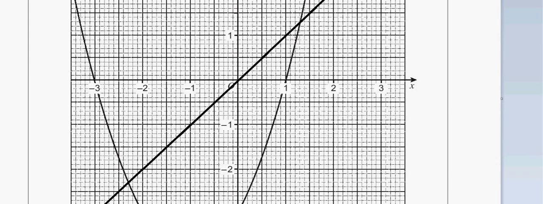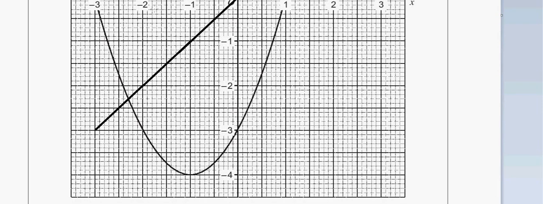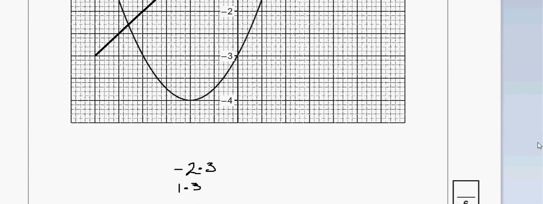So we get 1.3 here, 1.3 here, and minus 2.3 here and minus 2.3 here. So for x and y, both values are the same. So x and y equal minus 2.3, and x and y equal 1.3.